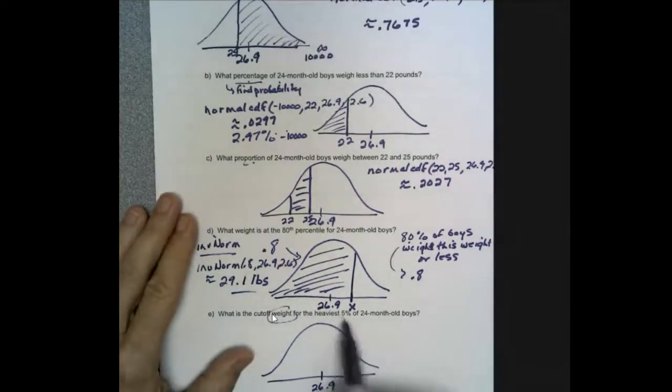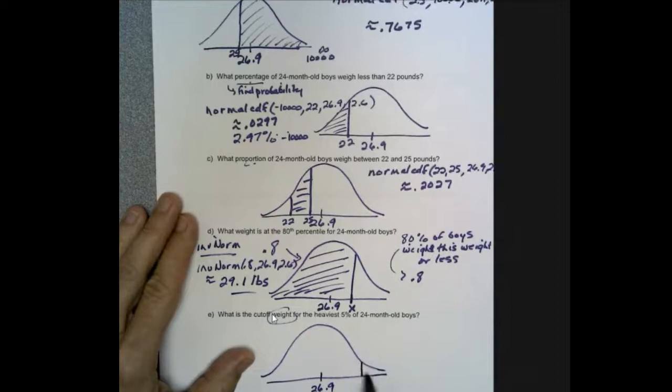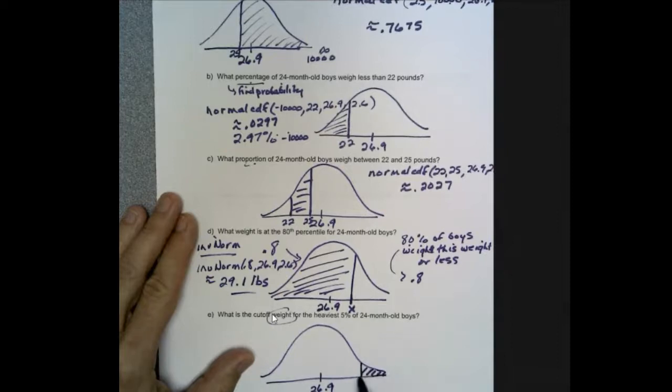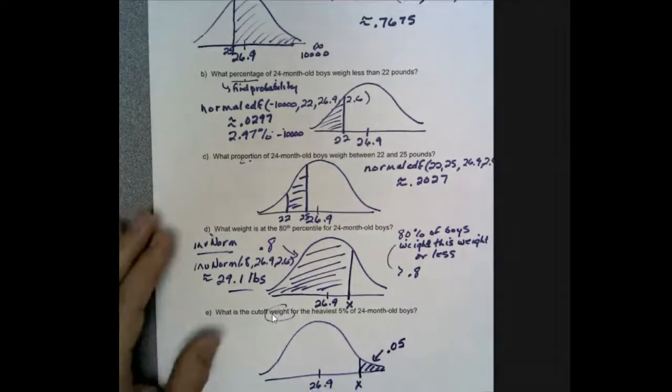If we're talking about the heaviest 5%, that would mean on our picture that we're out on this end of our distribution. The heavier ones are out to the right. So we're looking for what this cutoff weight is, and we want this area over here to be 5%. So if we put that in a decimal form, that would be 0.05.